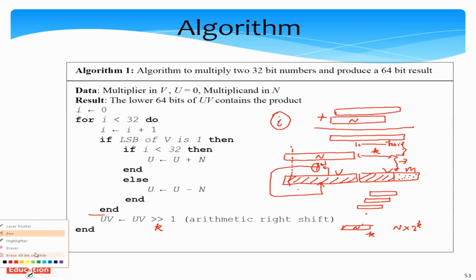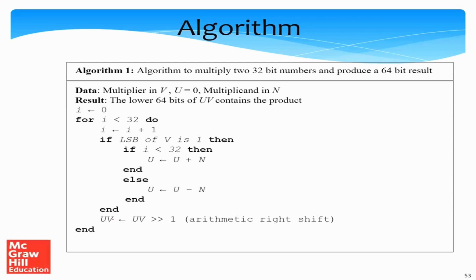So let us now consider the last iteration. The last iteration will pretty much bring us over here. The last iteration is somewhat special, the reason being that this is a signed number, and so we have the multiplicand on top and a multiplier at the bottom.